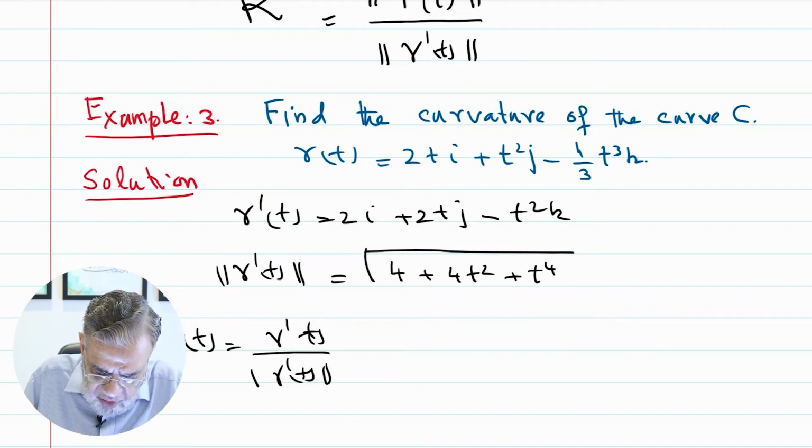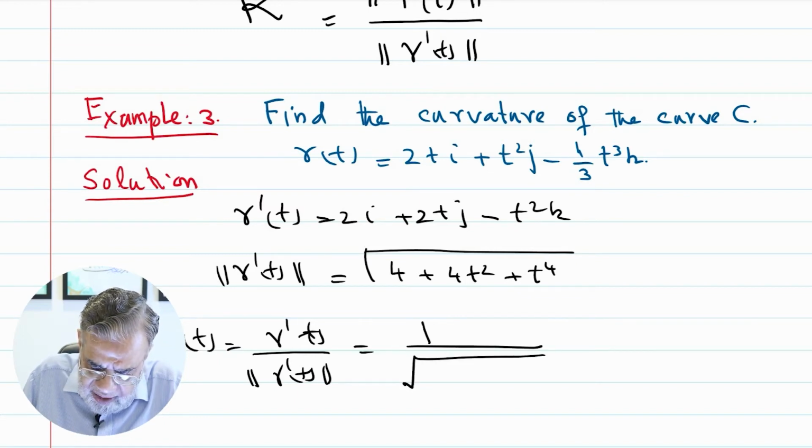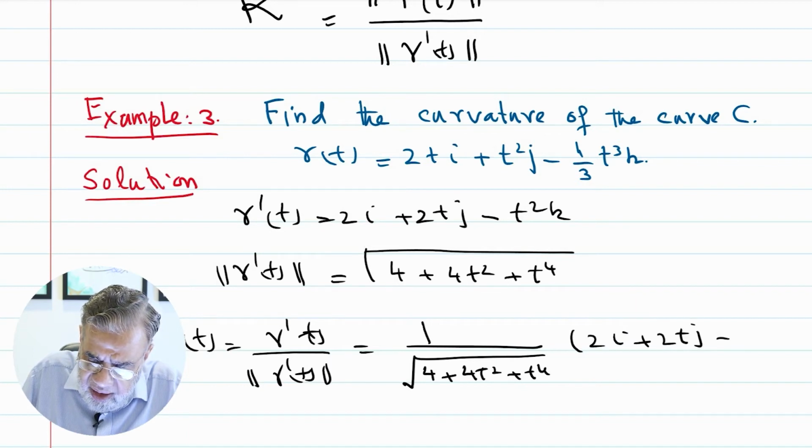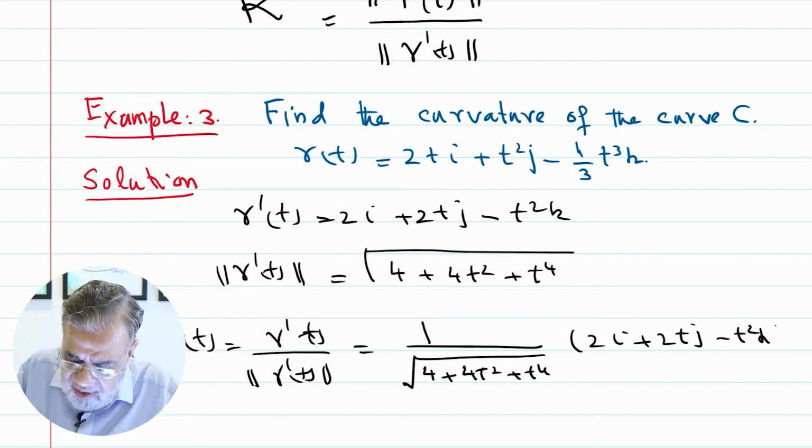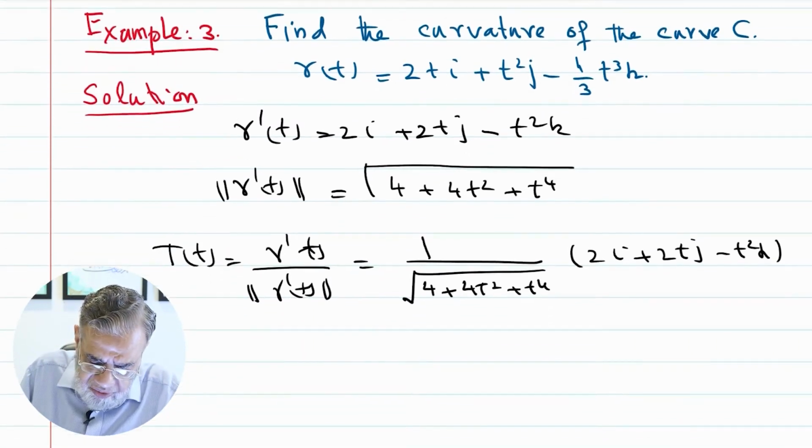So I can write this equal to 1 over the root of 4 plus 4t square plus t to the power 4, times 2i plus 2t j plus t square k. So we have this result for that one. You can see here the denominator of this one is very simple.